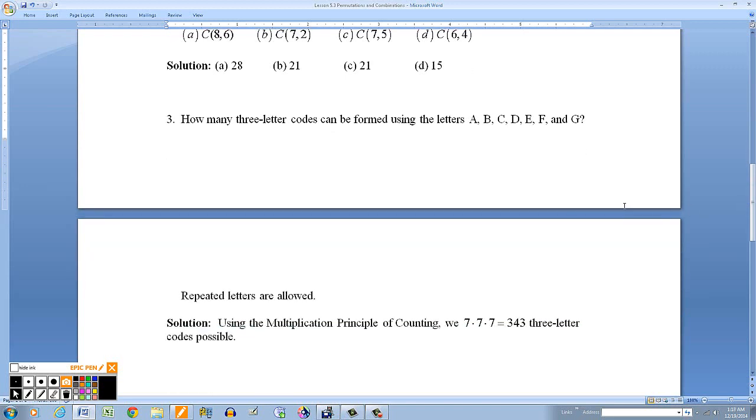So using the multiplication principle of counting, which we also touched on in the last lesson, since you can repeat letters, for the first choice we can select any one of the 7. For the second, any one of the 7, and for the third, any one of the 7. So according to the principle, we multiply this out. So we have 343 3-letter codes that are possible.